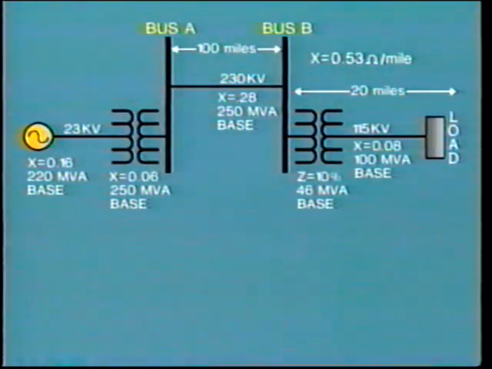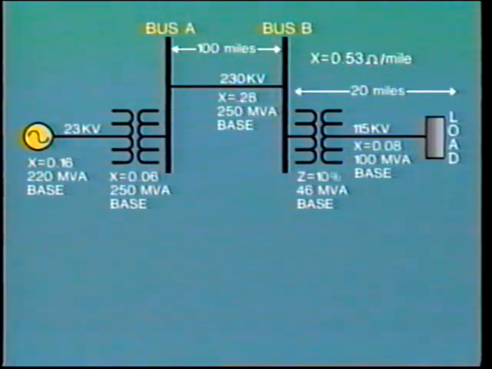Knowing this, let us continue with our example. We see that as well as different voltage levels, each of the percentage impedances are related to a different base MVA. 220 MVA on the generator, 250 MVA on this transformer, 250 MVA on this line, 46 MVA on this transformer, and 100 MVA on this line.